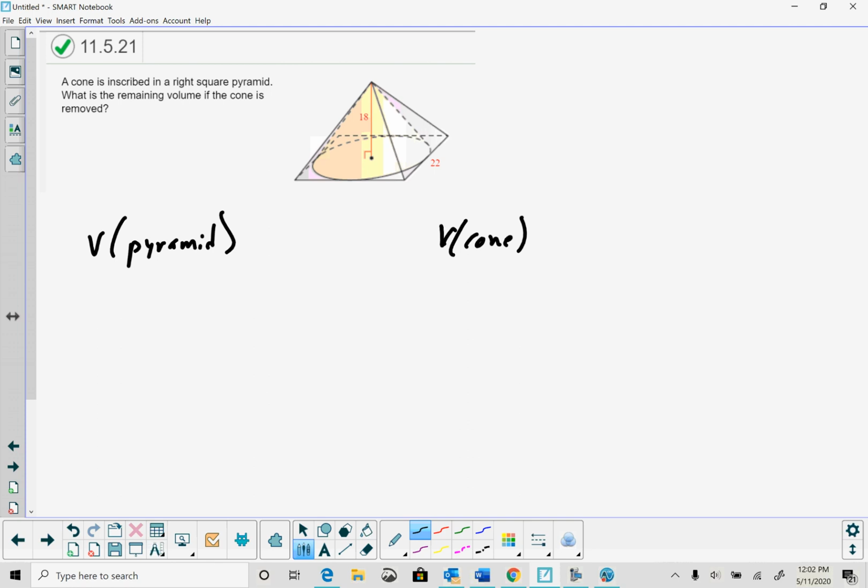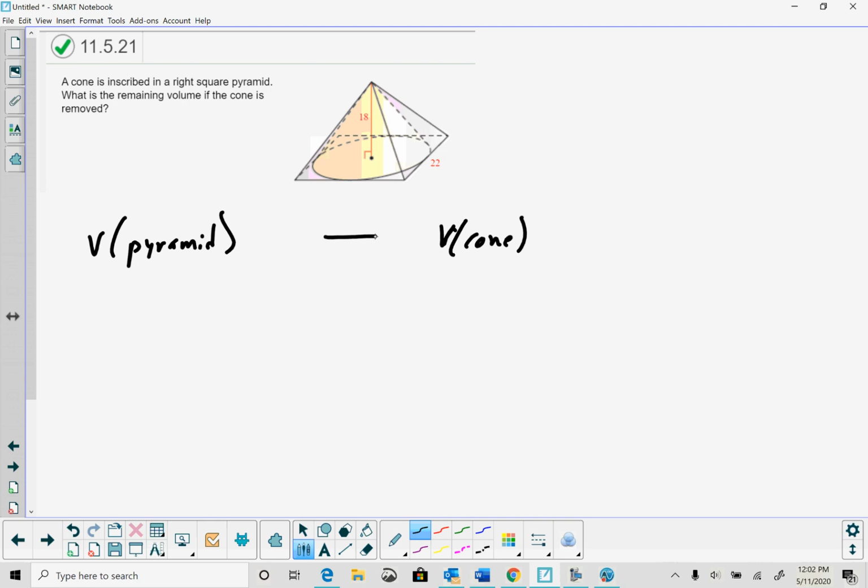Now, hopefully, if they're telling us here the cone is inscribed in the pyramid, we can say that the volume of the cone is less than the volume of the pyramid. And to figure out if the cone is removed, what's the remaining volume, we're going to subtract those two.